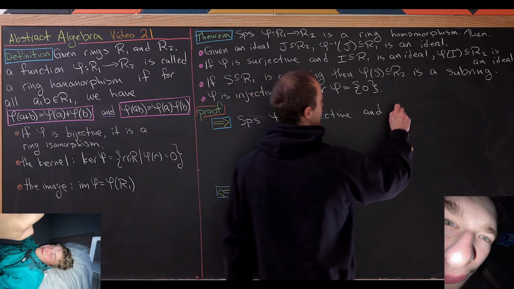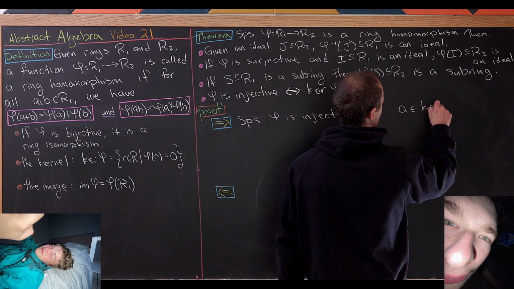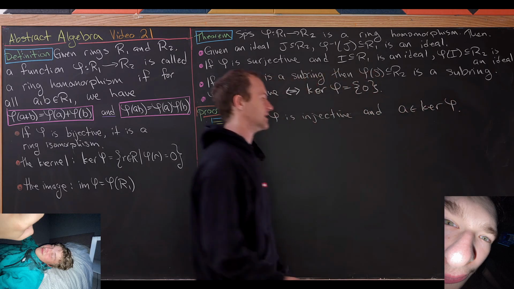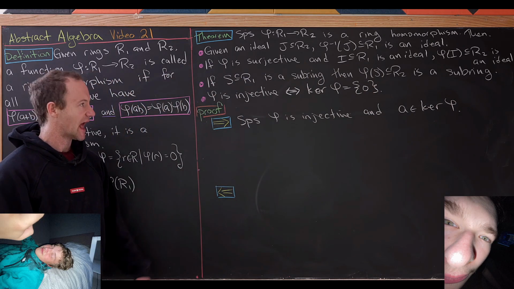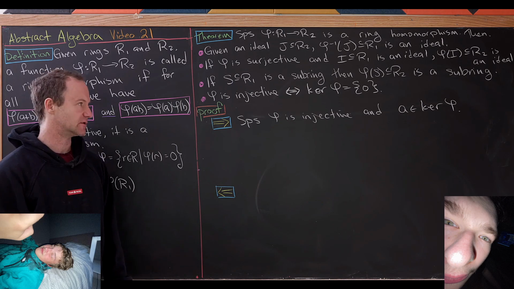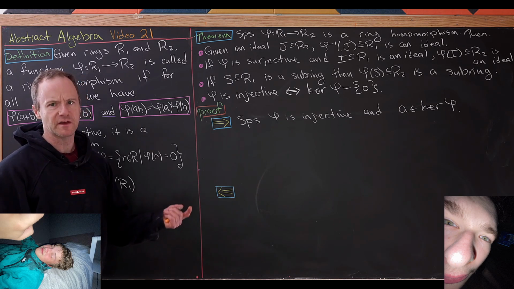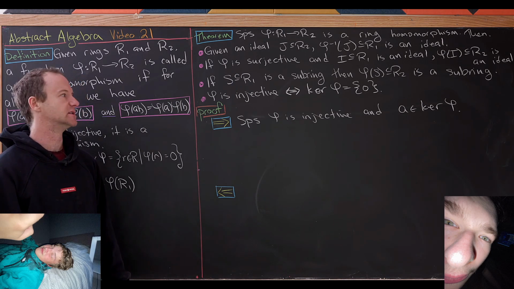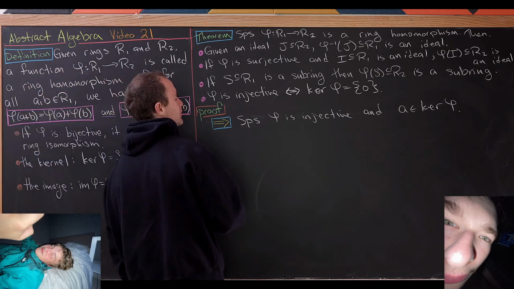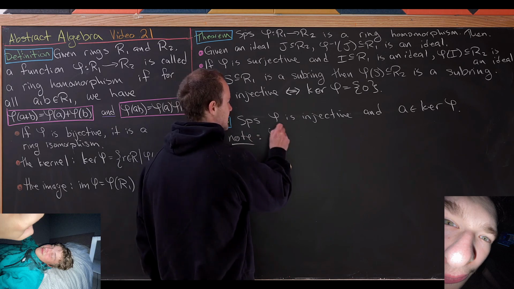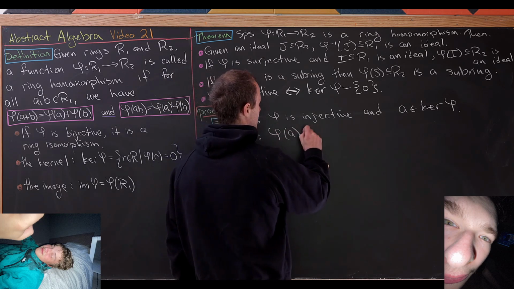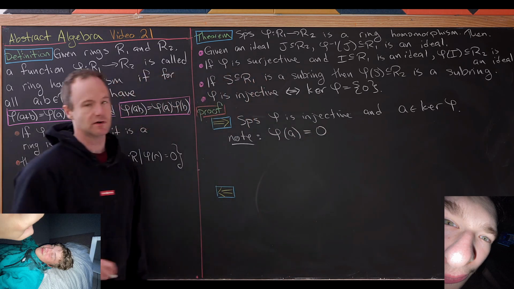Let's take A inside of the kernel of phi. What we'd like to show is that A must be equal to 0, meaning that the only thing that can be inside of the kernel is 0. But how could we do this? Since A is in the kernel, we have phi of A is equal to 0.